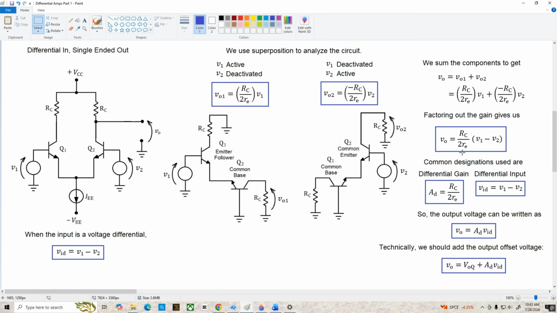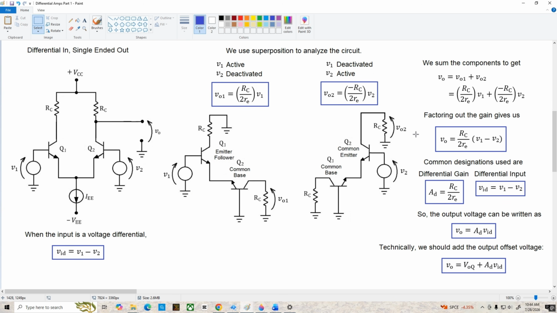And when we're working with the differential in single-ended output configuration, it's pretty common to refer to the voltage gain as the differential gain. I'm denoting that as A sub D here. And the difference between V1 and V2, the differential input, V sub ID. And using these notations, we can write the output voltage as shown here, V out equals AD times VID.